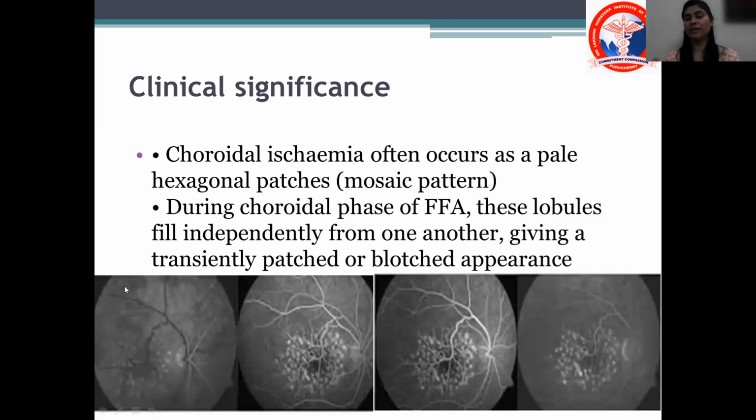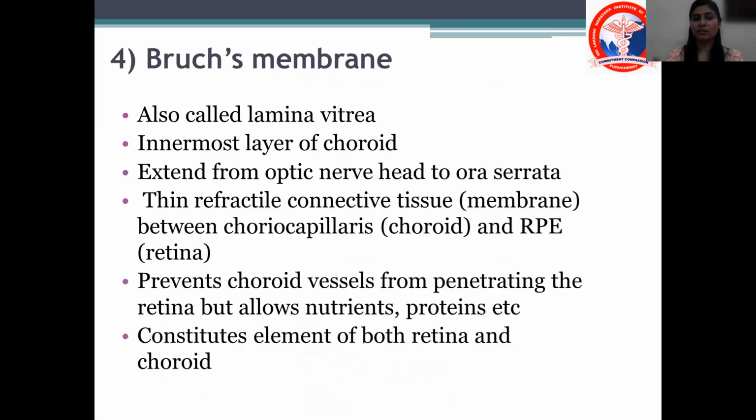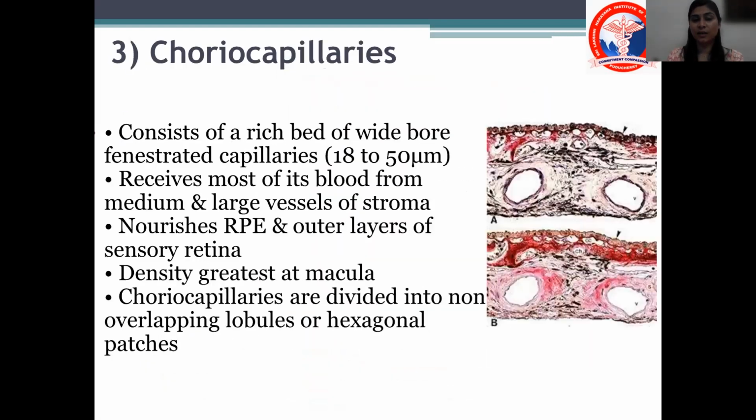The clinical significance of this choroid is that choroidal ischemia often occurs as pale hexagonal patches in a mosaic pattern. In the choroid, the capillaries are arranged in non-overlapping lobules or hexagonal patches.